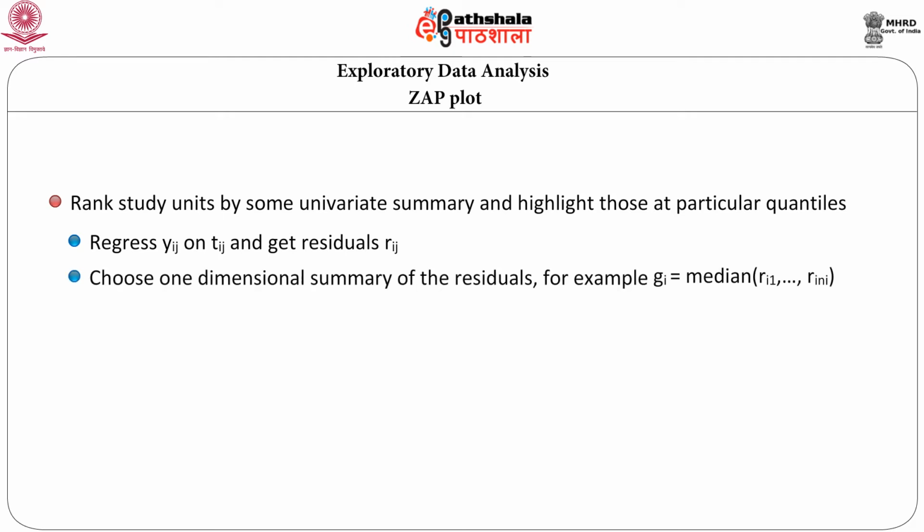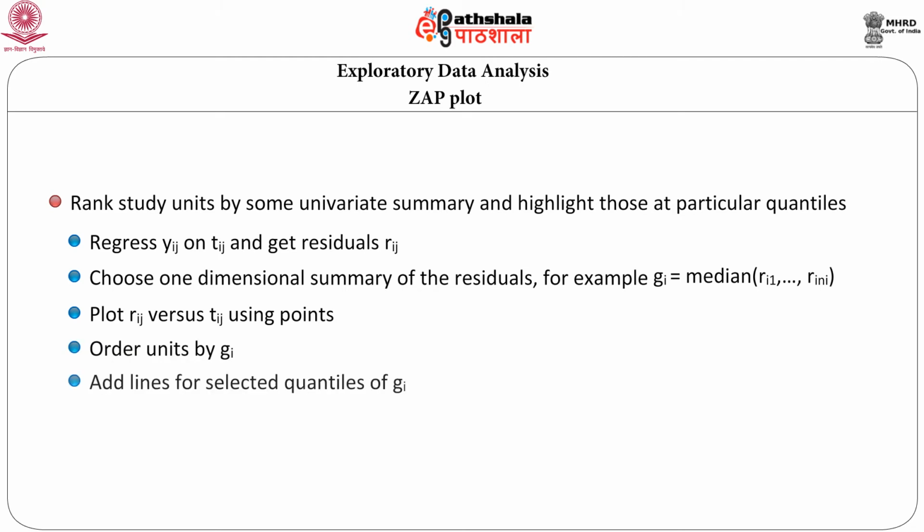We can choose any one-dimensional summary of Rij, following Diggle, Liang and Ziegler. I have chosen the median, but this can be any other summary like the mean. Then I can plot Rij versus Tij and order units by the summary measure. Finally, we can add lines for selected quantiles of the summary measure.